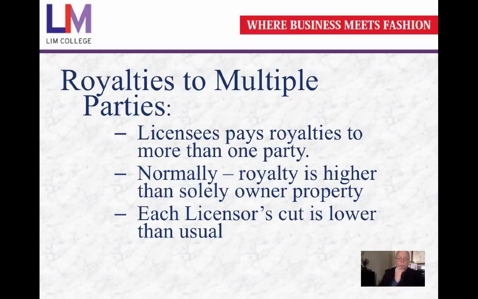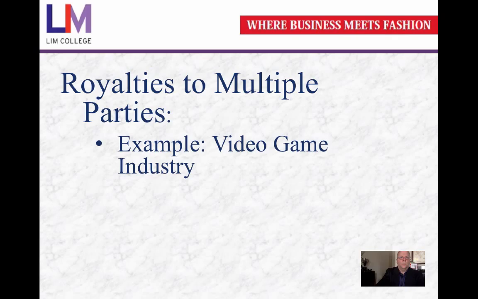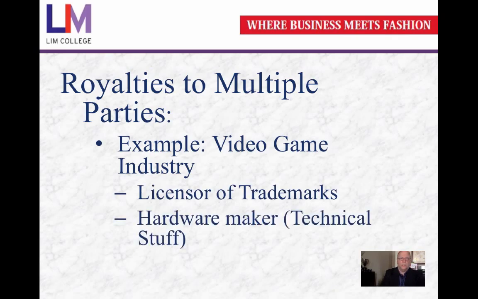So there are times when there are two licensing agreements for that same product, and then there are royalties going to both parties. Just beware. An example happens in the video game industry. You need to license the trademarks and the hardware itself, the technical stuff. If you're going to have an NFL football video game, we've got to get all those trademarks licensed, and also the equipment, the technology behind making those games work.